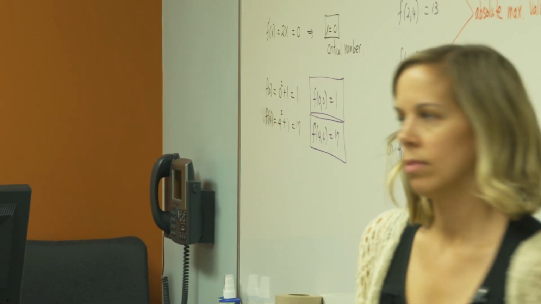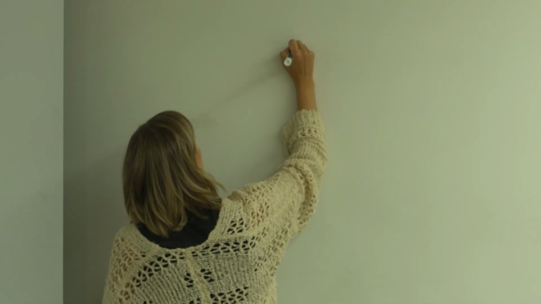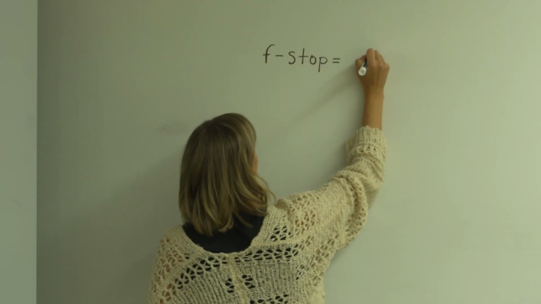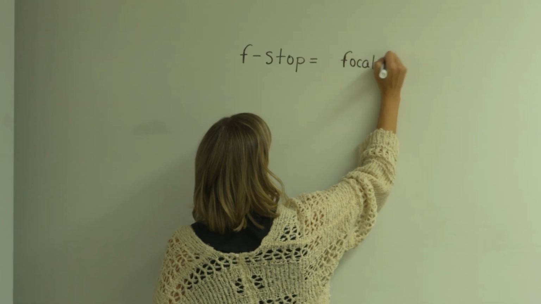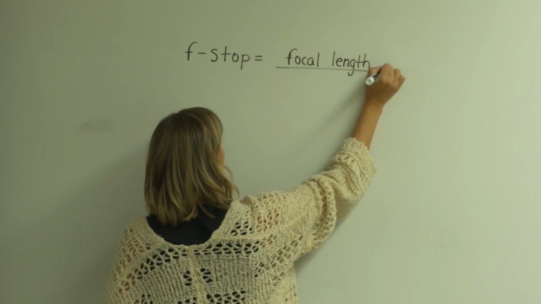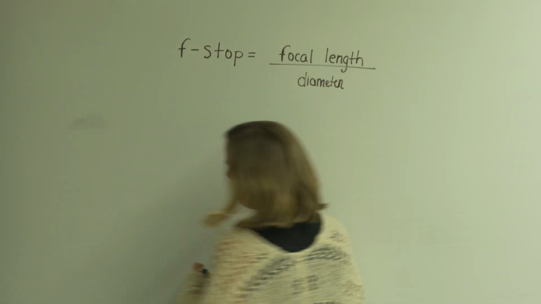So that's going to depend, again, on a lot of things. Hold on, let me see if one of these markers over here works. So for that f-stop, we're using the focal length divided by that diameter, I believe, off the top of my head.